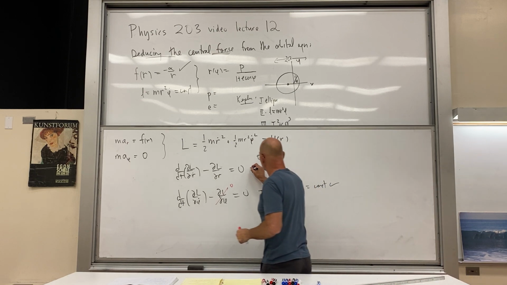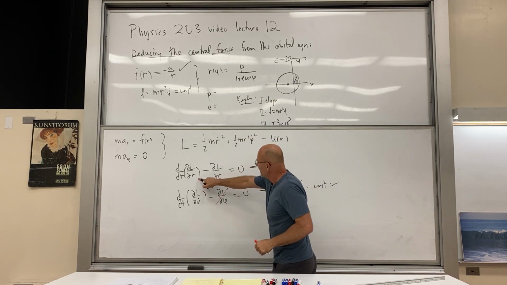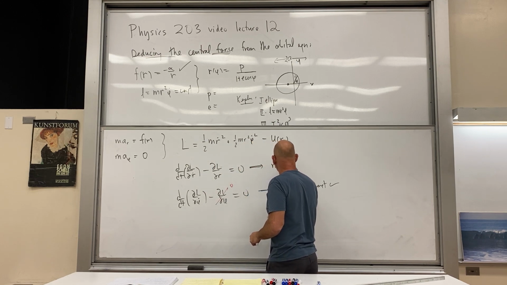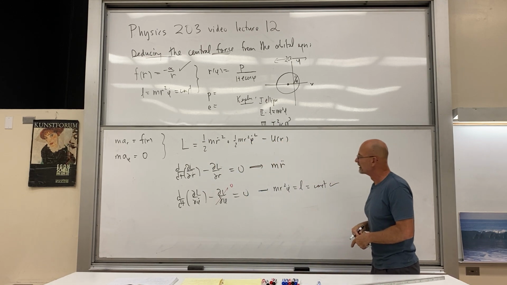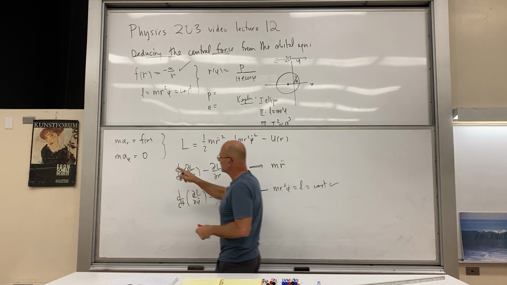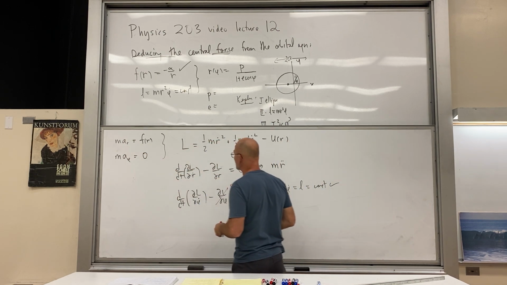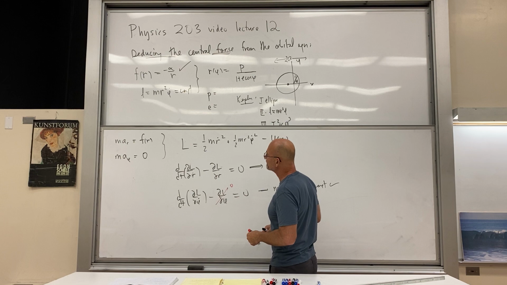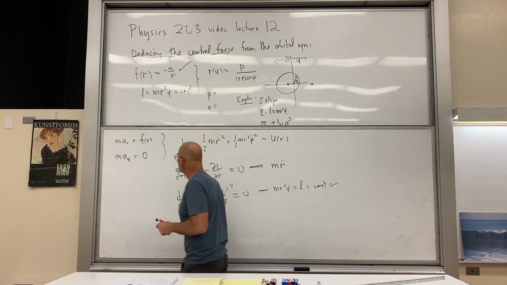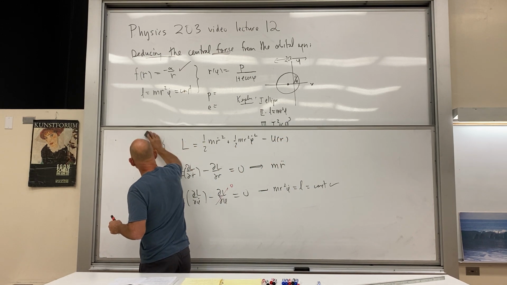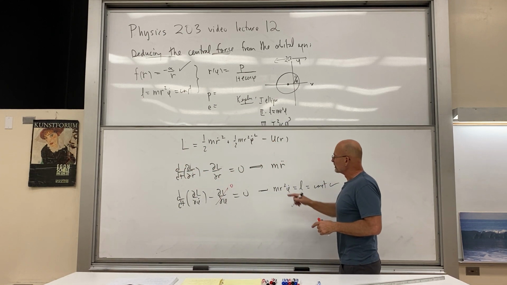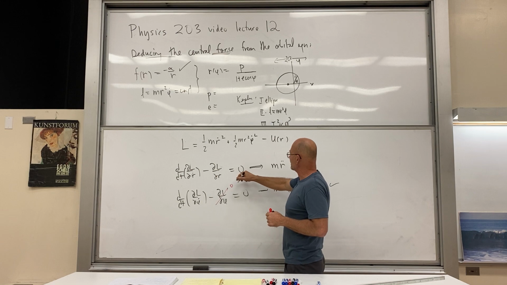What about this equation? This derivative here, the time derivative, we're going to have m times the second derivative of r. Actually, you know, let's ditch this. It's misleading. Okay. I'm going to erase that. We're just going to follow the derivatives.